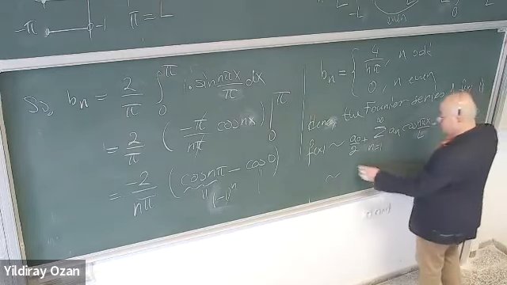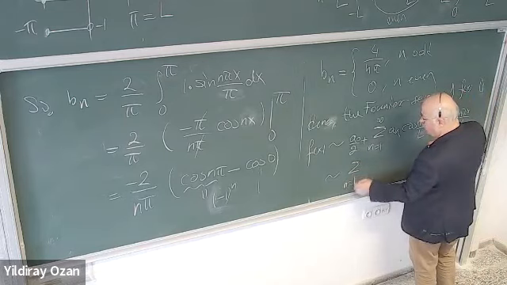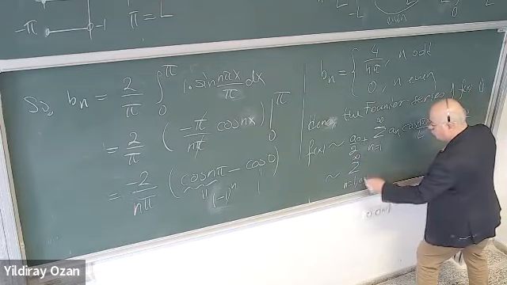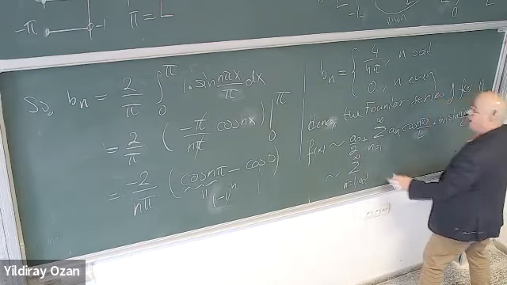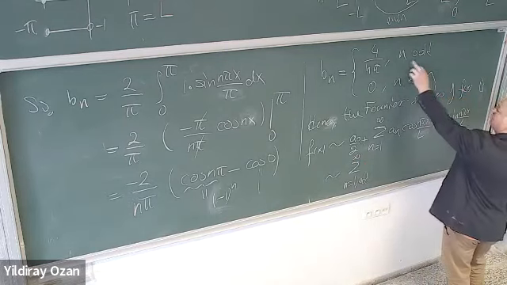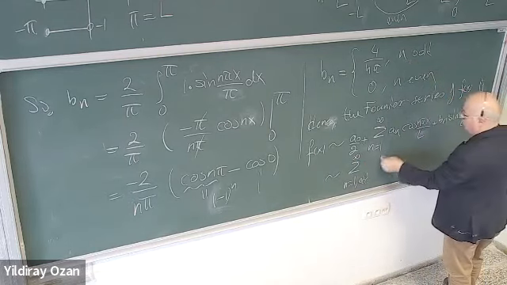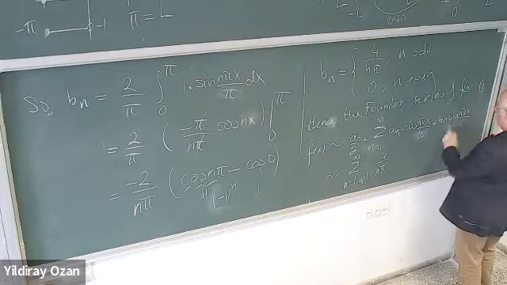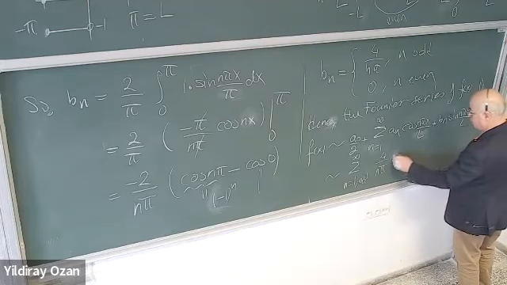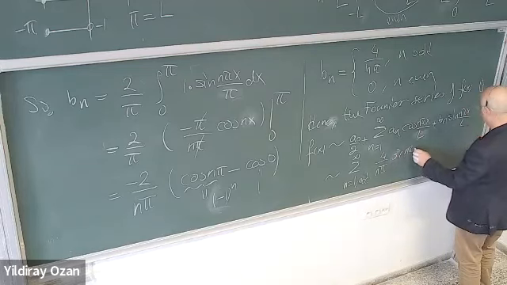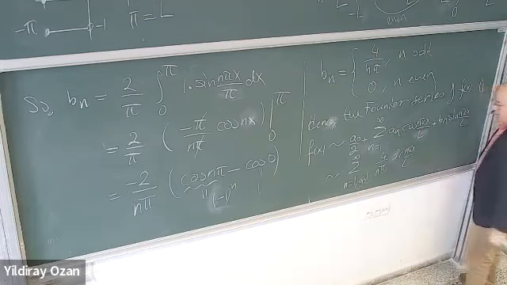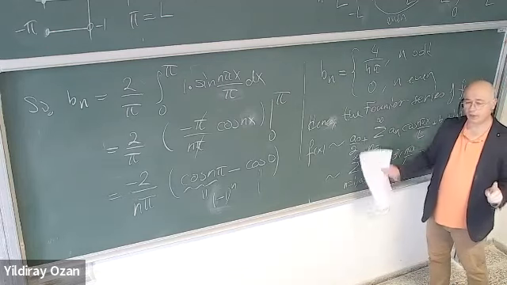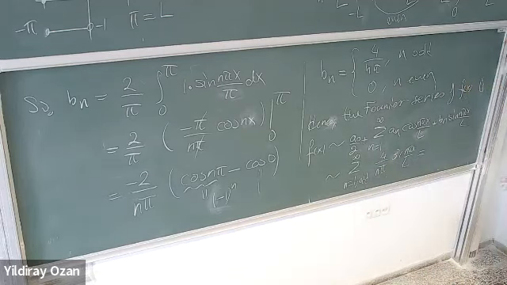So this is just n from 1 to infinity but n should be odd, and then bn, and bn is just 4 over n times pi, and then sine n pi x over L. İsterseniz bunu şöyle yazabiliriz. N birden sonsuza kadar, ama sadece odd number'lar olacak.